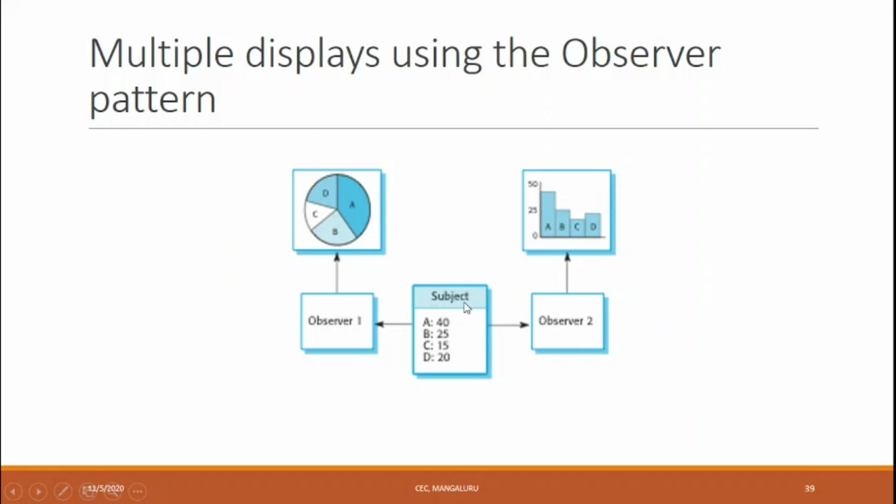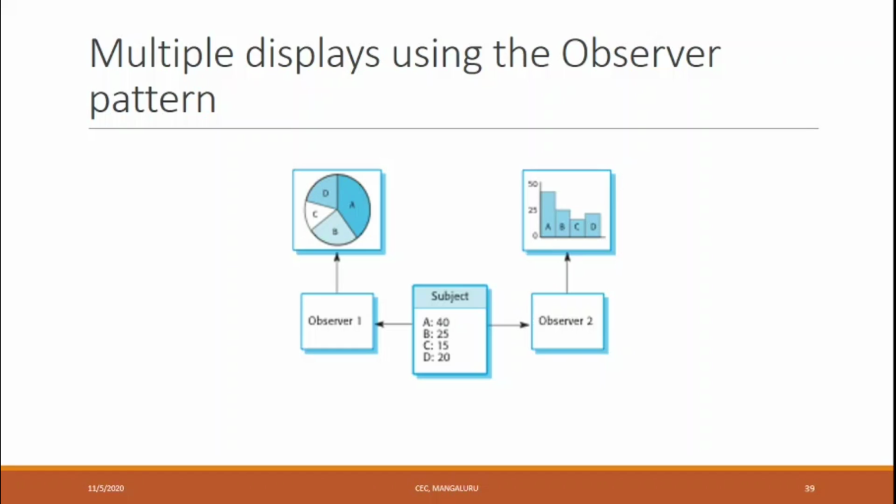You can see the subject values A, B, C, D given there: A 40, B 25, C 15, D 20. One observer sees it as a bar chart, and observer 1 will see it as a pie chart. It depends on how the observer looks at it, and both are correct, but in their own view.